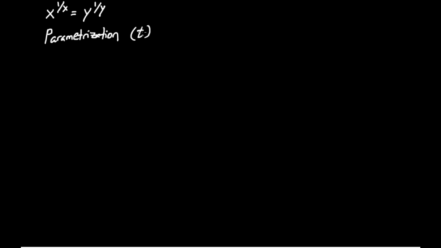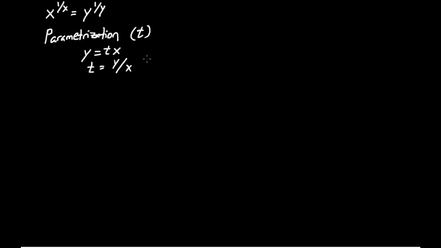We plug in some value of t, and it's going to give us the corresponding values of x and y. And what I'm going to do here is take the guess that the substitution y is equal to t times x is going to work. Another way of writing this is that t is equal to the ratio y over x.